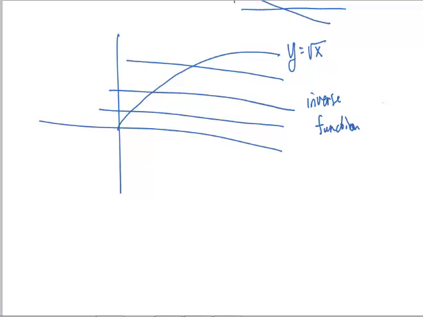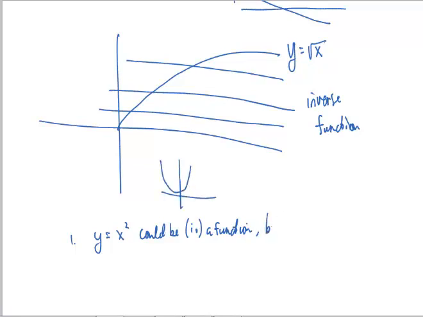So there are a couple different cases, just to give you the different scenarios. The first scenario: y equals x squared is, and it actually is, a function, and it looks like a parabola, but it has only an inverse relation, because the function fails the horizontal line test.